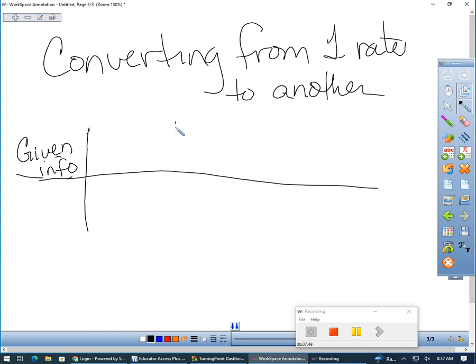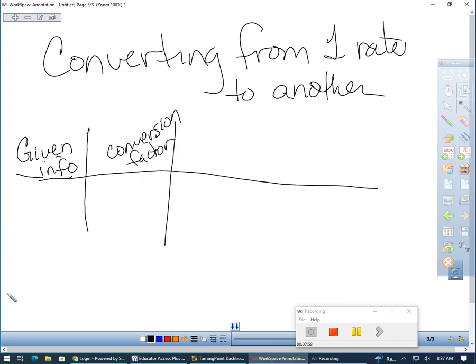The next box is a conversion factor. Now, sometimes you only need one conversion factor, and sometimes you need two. We'll have to wait and see. Once you have got it to the right label, I want you to draw a second line, which represents that you're ready to solve it. It's the equals. And then over here is going to be your answer.